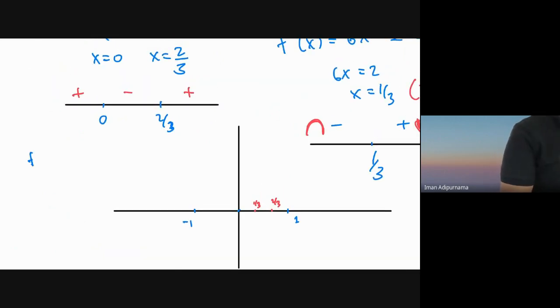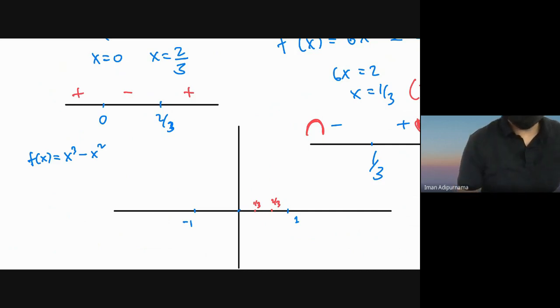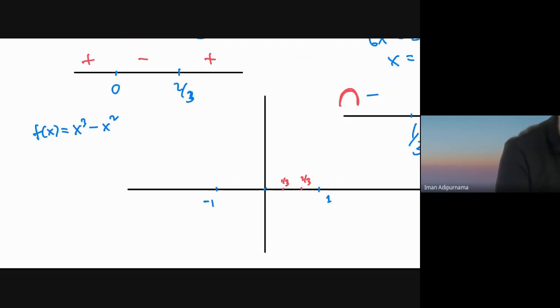You can also check the original function f of x, x cubed minus x squared. When you check a negative number, maybe -1 here, what will it be? -1 cubed is -1, negative, plus 1.